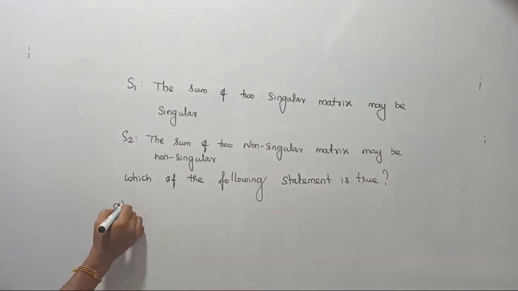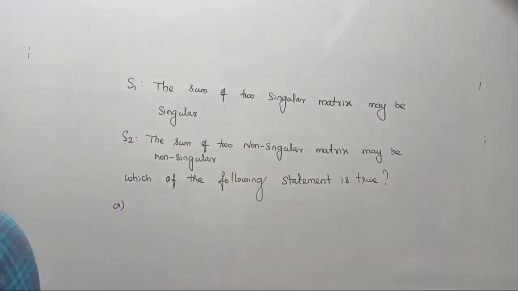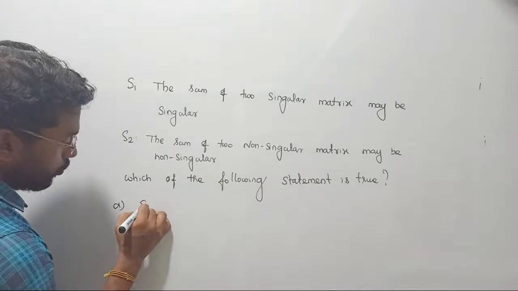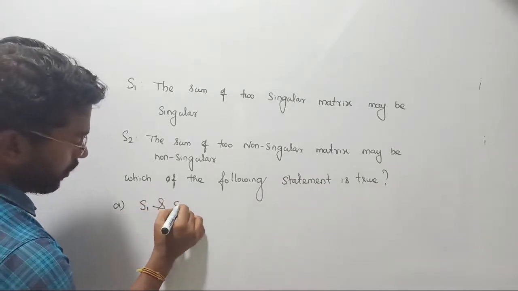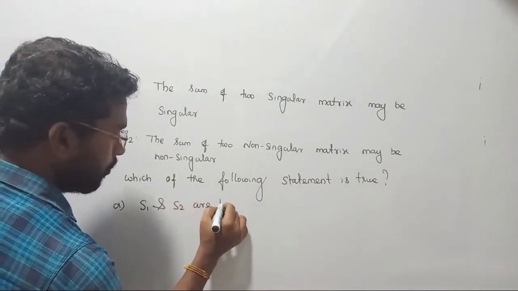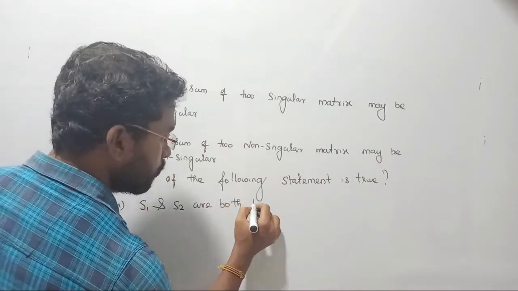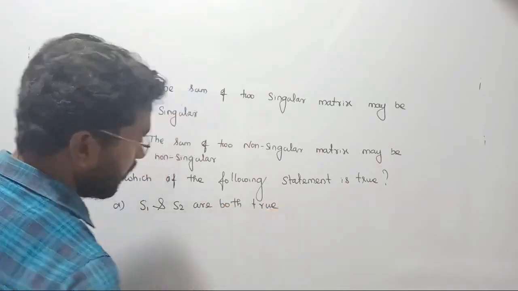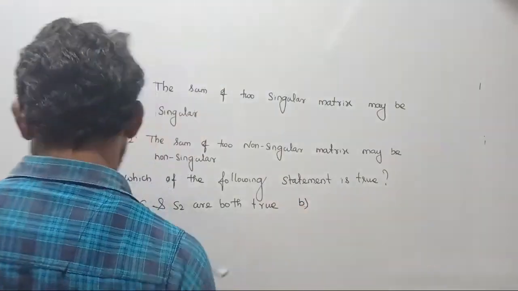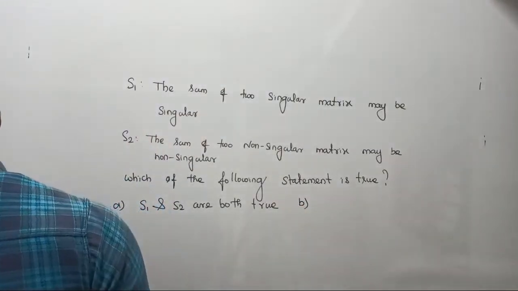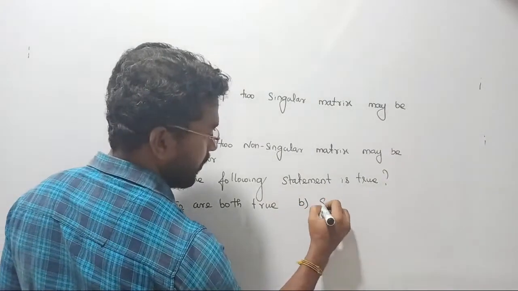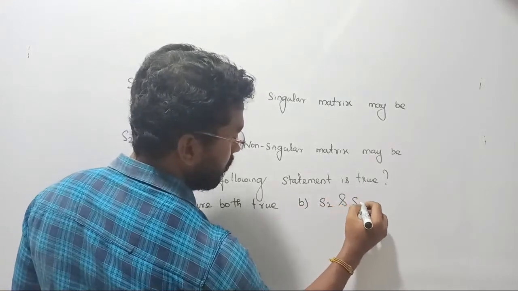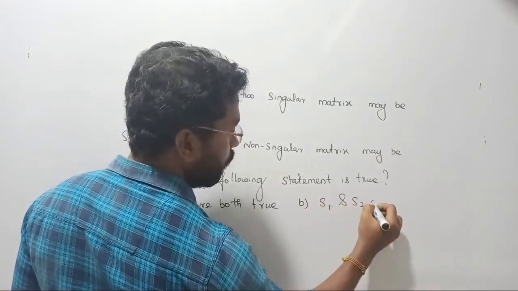Let's write down the options. Option A: S1 and S2 are both true. Option B: S1 and S2 are both false.